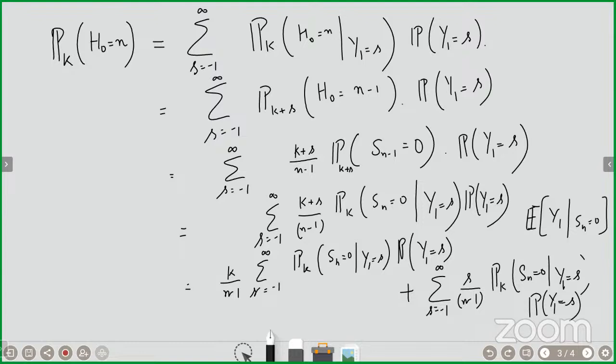What is the first term? That is straightforward. Is it not just the probability of S_n equal to 0? Condition and add, multiply by probability. This is nothing but k by n minus 2 times the probability that S_n. What is the delta? Now we will invoke this.